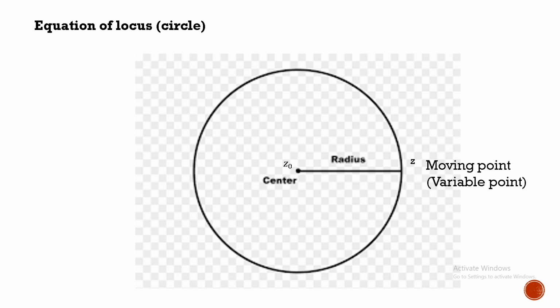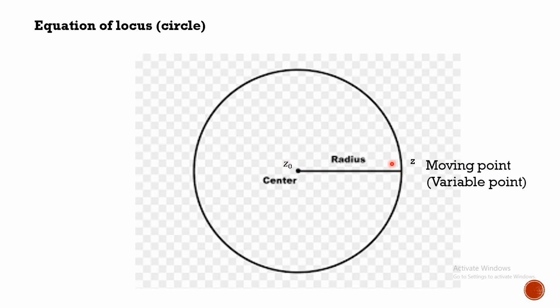So this z is moving in such a way that the distance between z and z0 should not change at all. Distance between two points is nothing but, for example, if there are two complex numbers, one is z1 and another one is z2, then the distance between the two complex numbers is modulus of z1 minus z2. So here we have considered the radius of the circle as r.